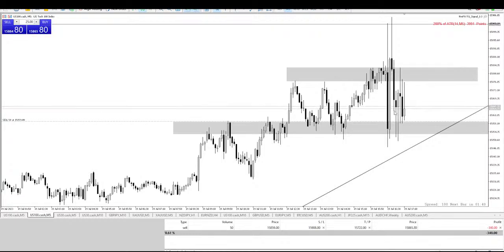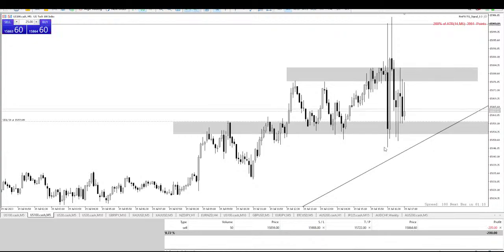This entry might have been, I should have waited for the 5-minute to close. I tend to jump the gun a little bit too soon sometimes with NAS, especially at the open, because sometimes you'll get that move that you want, but then it pushes away so far that your stop loss is going to be too big, and it's not worth taking that trade anymore.